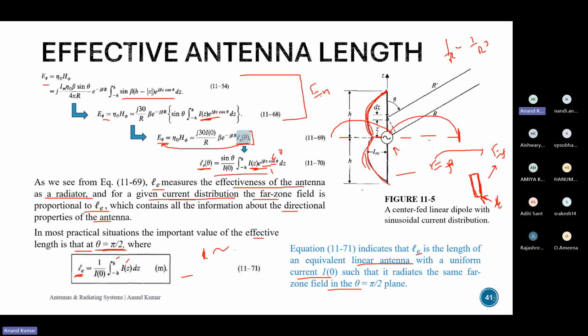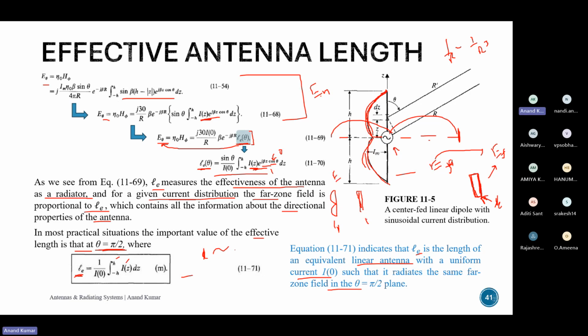So this is what we're trying to say: there is this antenna whose current distribution looks like a bow, and there could be another antenna whose current distribution would be equal current throughout the antenna. Both of them have certain lengths, and they are radiating the same electric field in the far field.